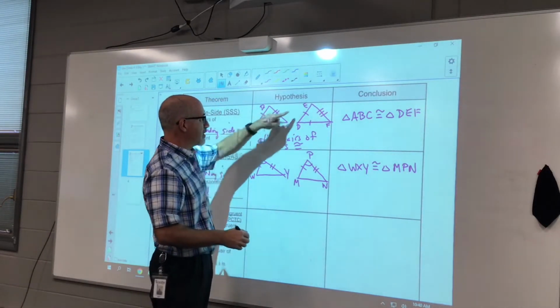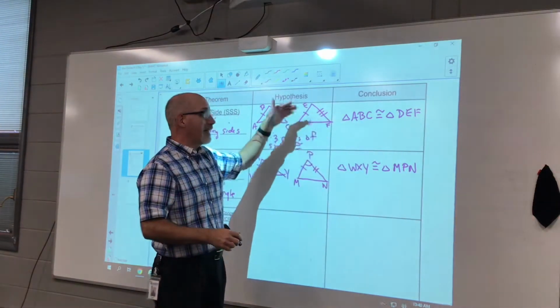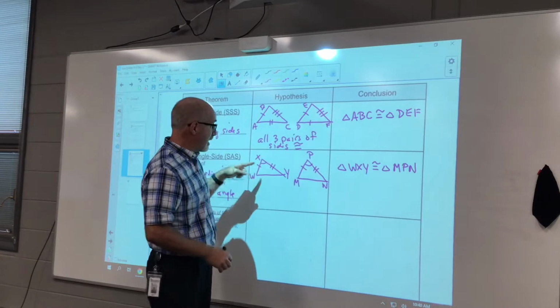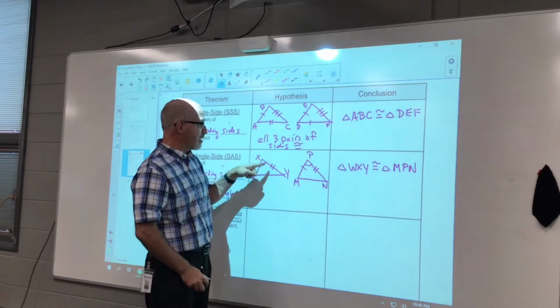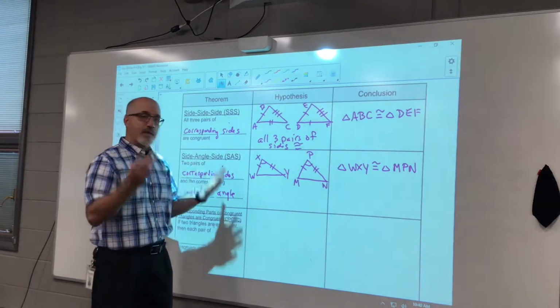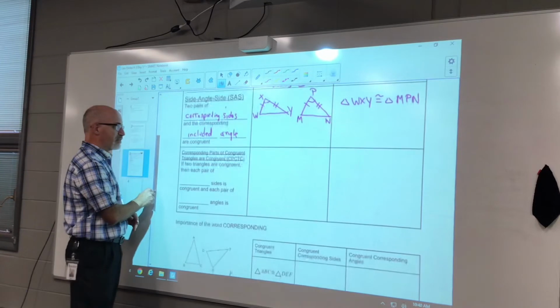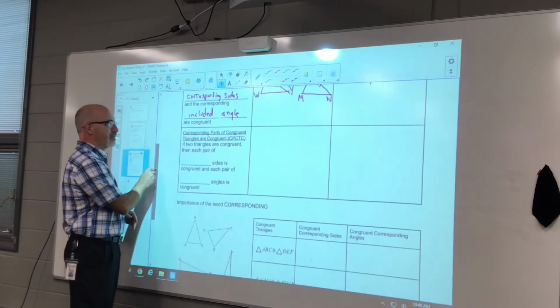Either all 3 pairs of sides congruent, then we know that the triangles are congruent, and then the angles are congruent. But if we also do the 2 pairs of sides with the included angle, it's a shortcut for getting the rest of the triangle congruent. So these really are shortcuts, so we don't have to prove everything's congruent.